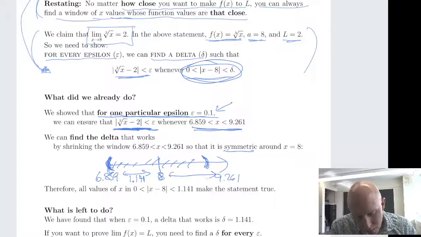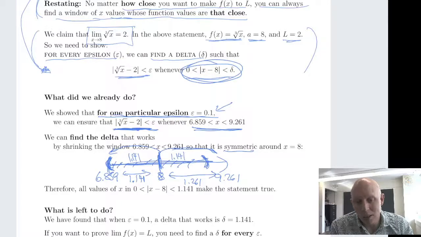And the distance between 8 and 9.261 is 1.261. So we see that the distance from 8 to this right endpoint is bigger than the distance between 8 and this left endpoint. So if we shrink this window so that it is 1.141 on both sides, then everything in this interval still works.